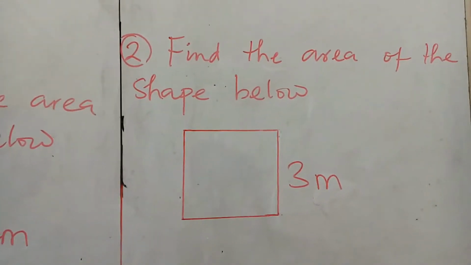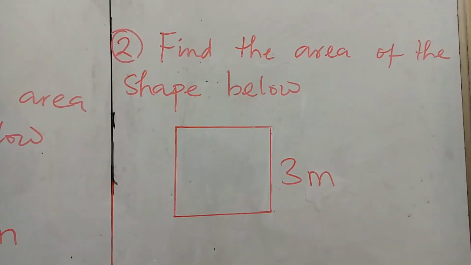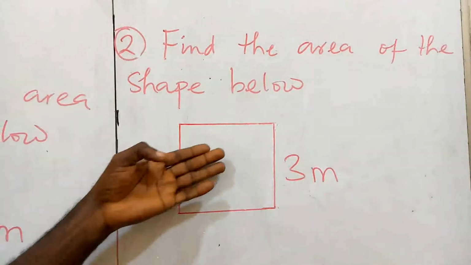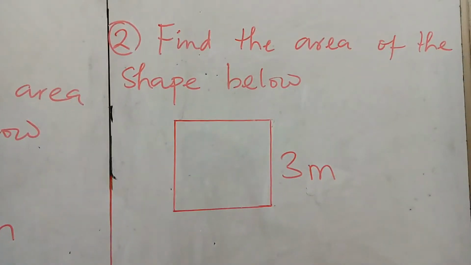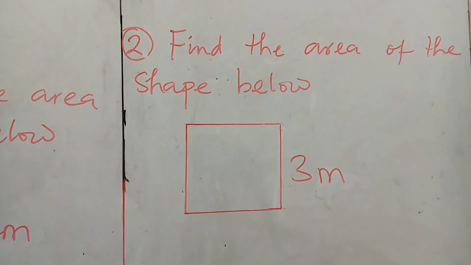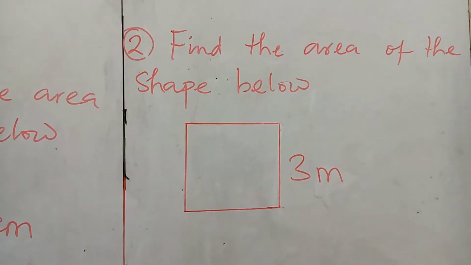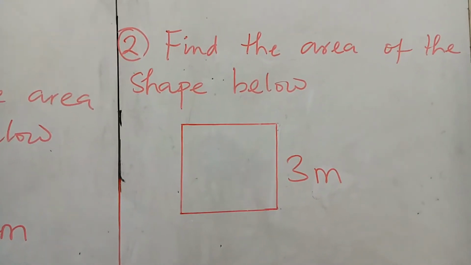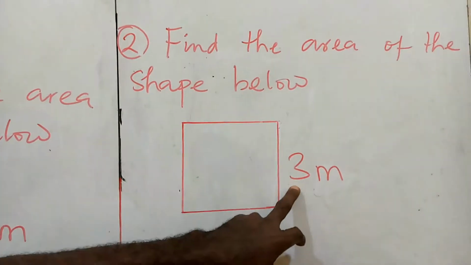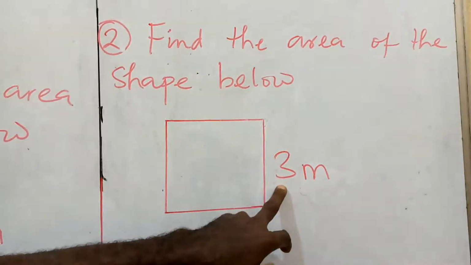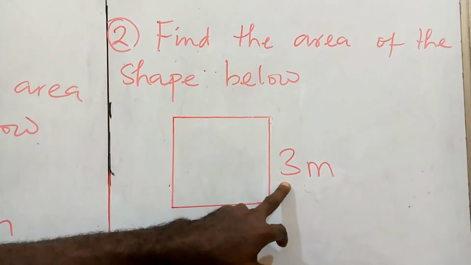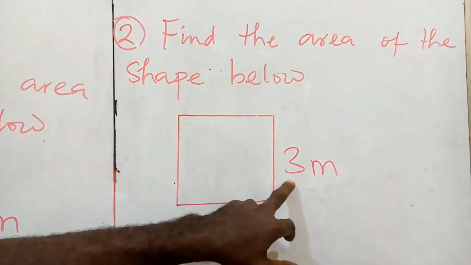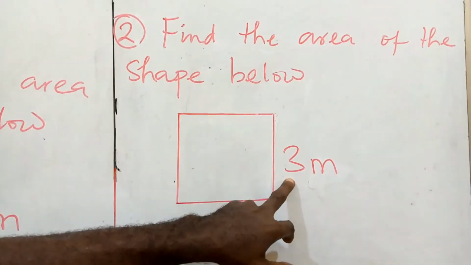First of all, what are the properties of a square? A square has all its sides equal. I guess some of you may be wondering why just one side is given. Just one length has been given in the question.